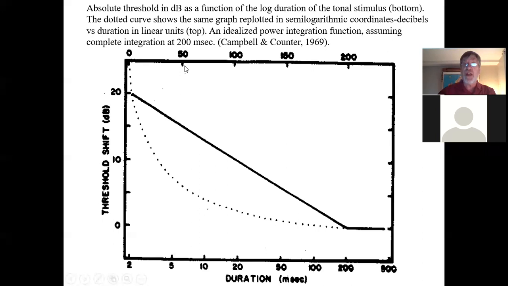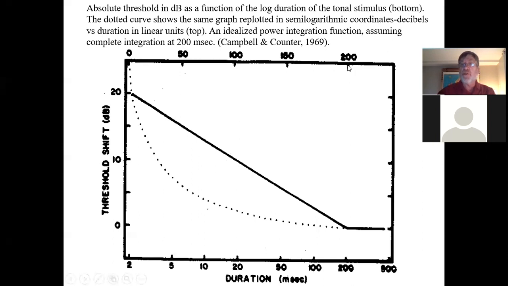If the duration of a sound is increased to 50 milliseconds, that's 1/20th of a second, your threshold will get a little bit better. It'll be about 15. If the tone is presented for 100 milliseconds, or 1/10th of a second, your threshold will get better. It'll be about 10 dB.